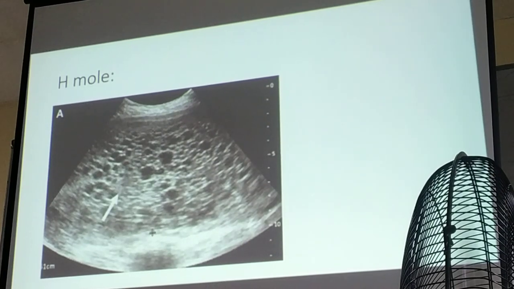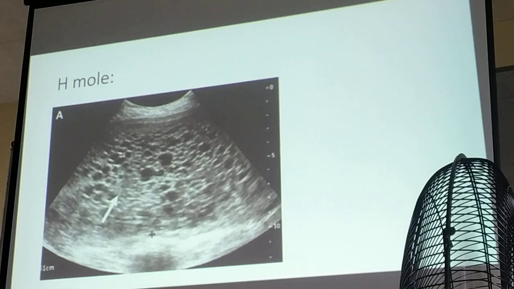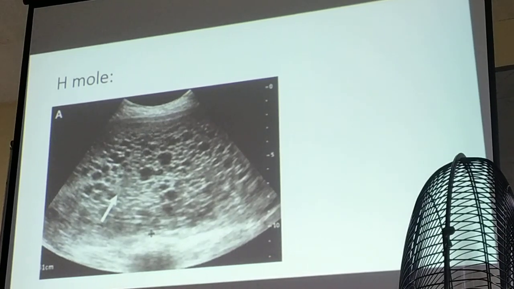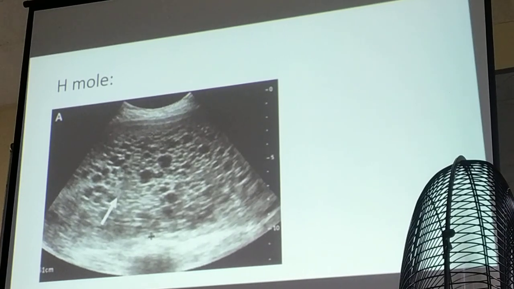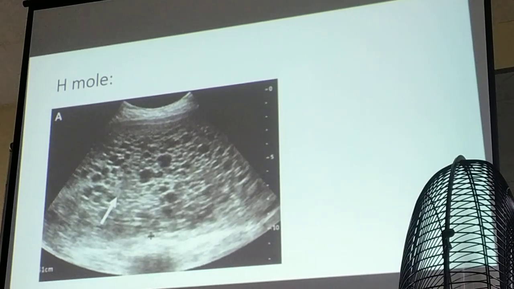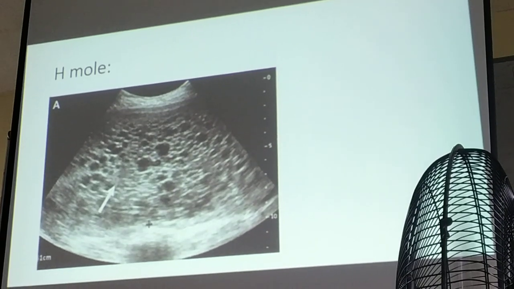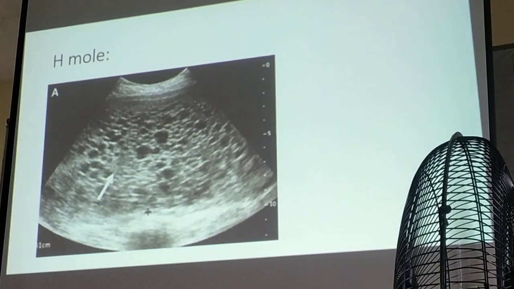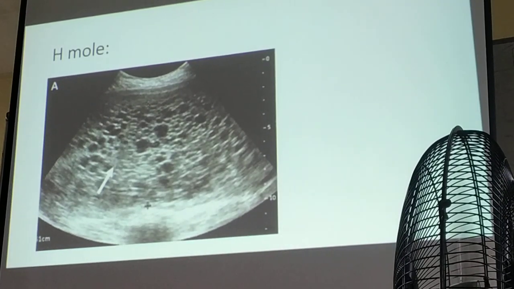So management for H mole. Yeah, sterotomy. Evacuation of the products of conception. Okay? And then the most important advice you would give would be no pregnancy for the following year.